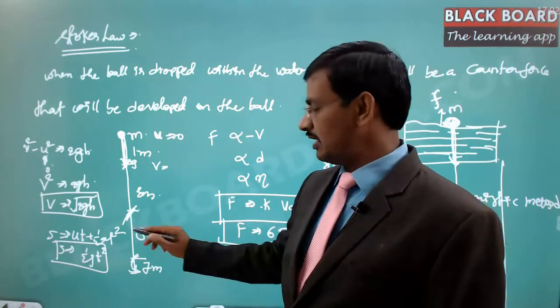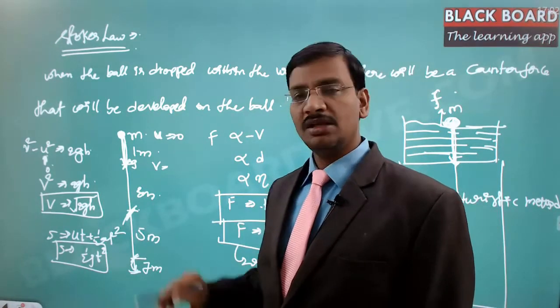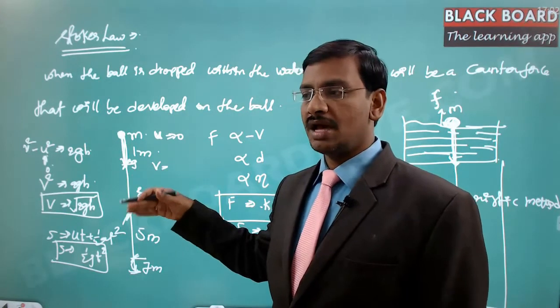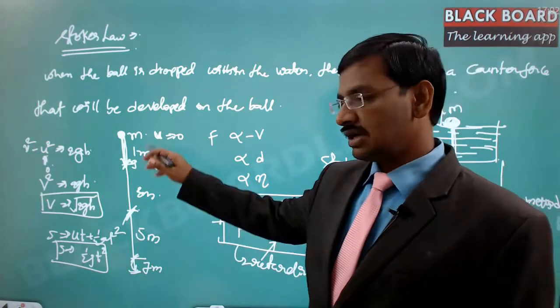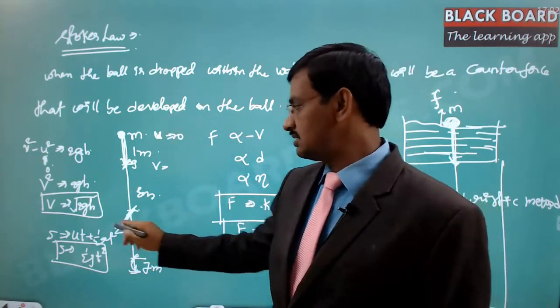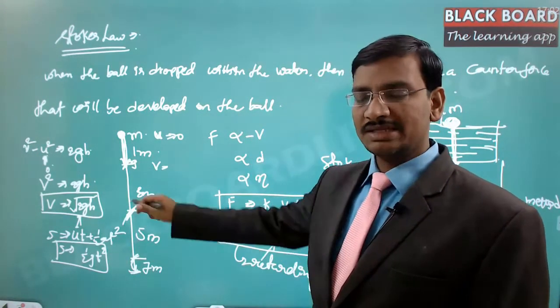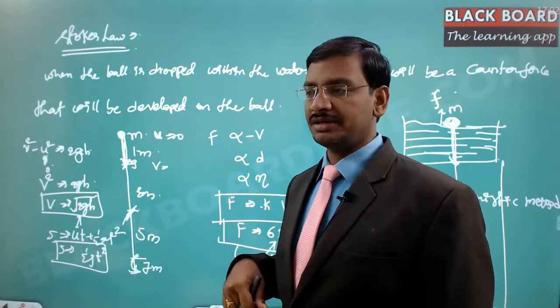That means this is 5 meters per second, this is 3 meters per second, and this is 1 meter per second. If you notice, the velocities keep on rising as the time increases every second. So there is a continuous increase in the velocity. The reason behind this is the acceleration due to gravity. Acceleration due to gravity raises the velocity because that is the acceleration.